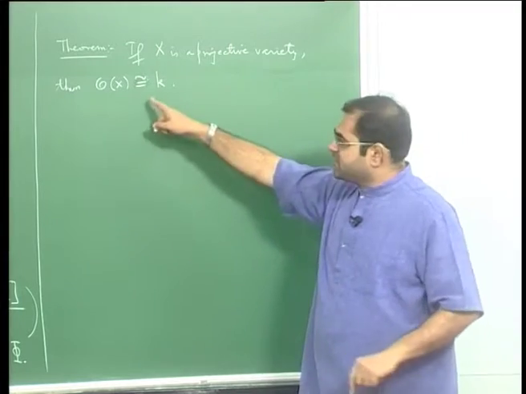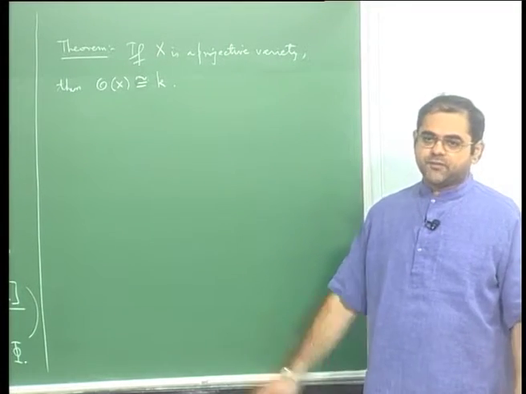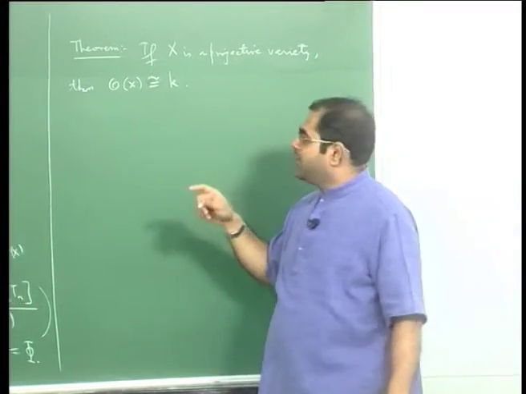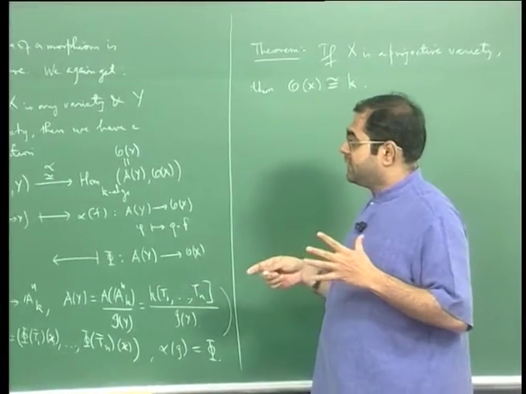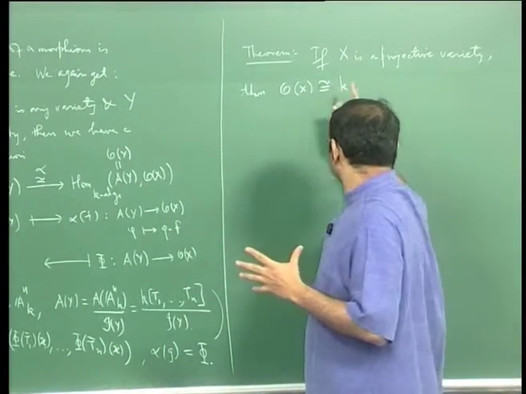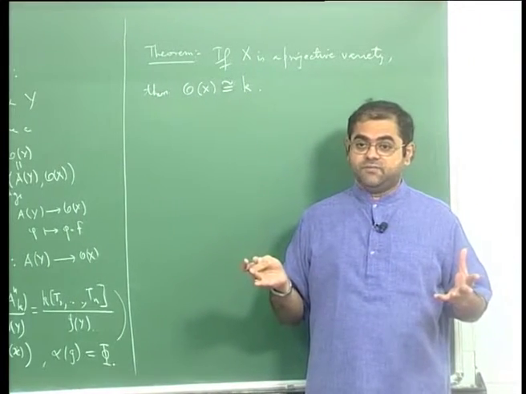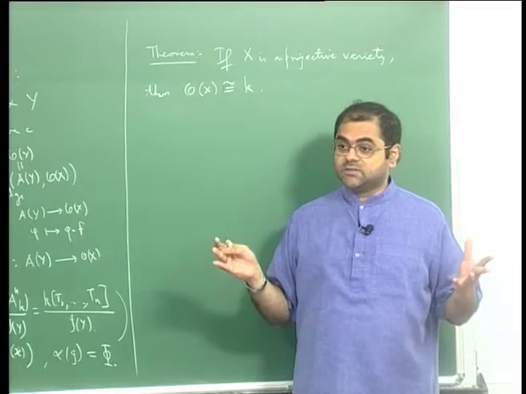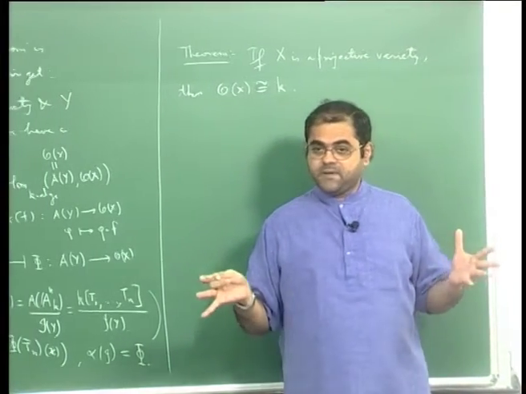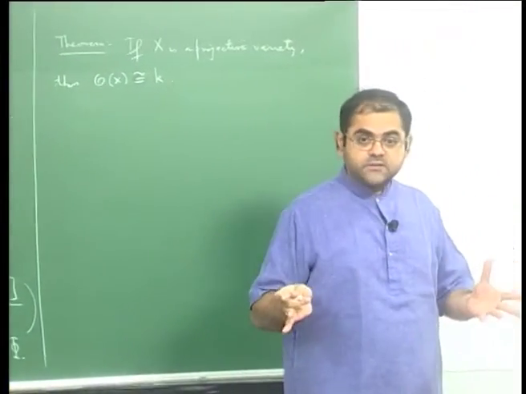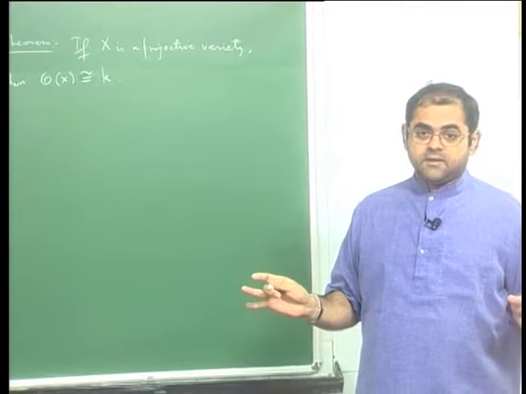But the proof of this will require some more definitions, so I will defer that. What you must understand is that if your variety is a projective variety, then it has no non-constant global regular functions. Of course constant functions are always there, but if you want non-constant regular functions, there are none.